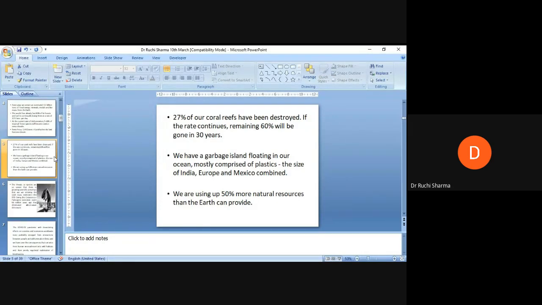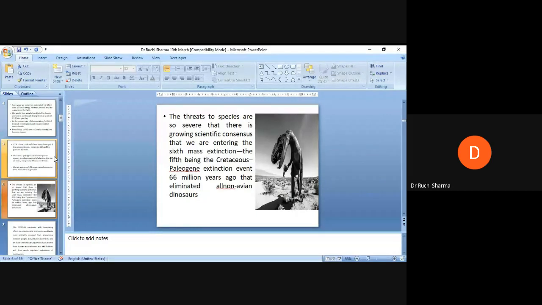Who is making these changes in the earth, in our environment? It is we. The threats to species are so severe that there is growing scientific consensus that we are entering the sixth mass extinction, the fifth being the Cretaceous-Paleogene extinction, 66 million years ago, that eliminated all non-avian dinosaurs.